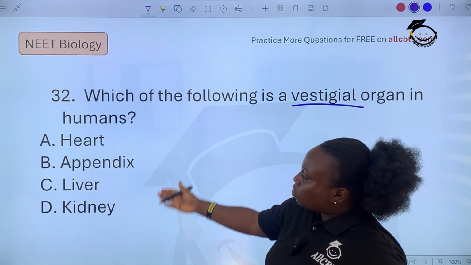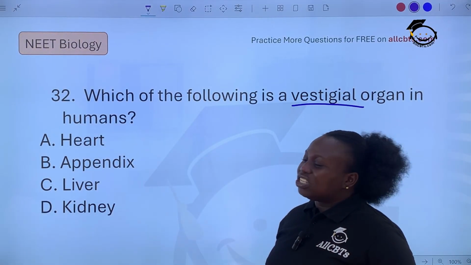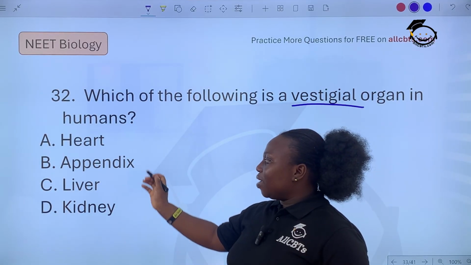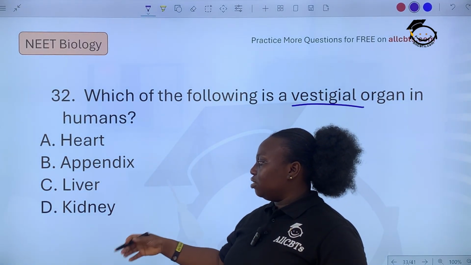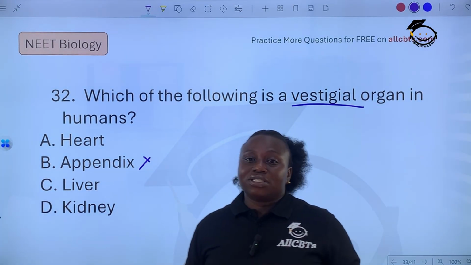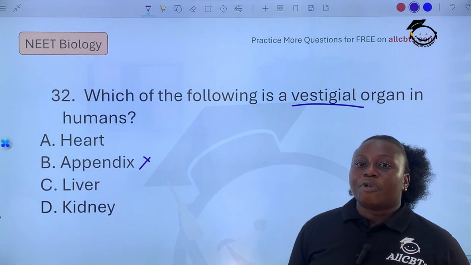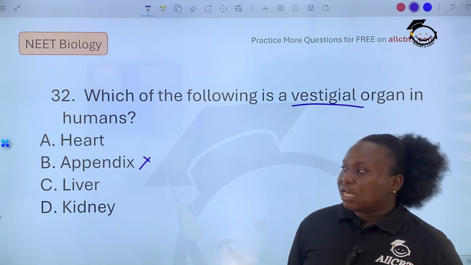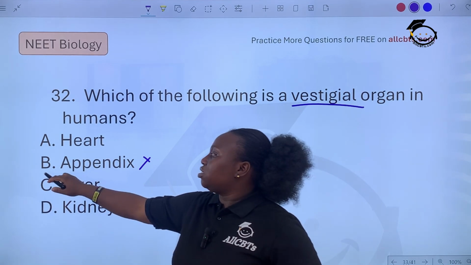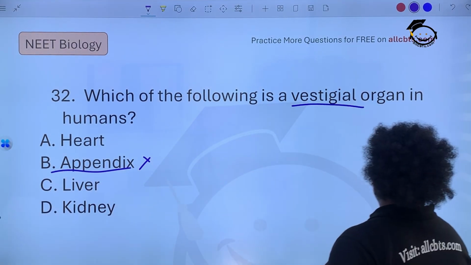Out of these options, they were asking us which one is not really needful in the human body: A, heart; B, appendix; C, liver; D, kidney. That is the appendix. Many people get their appendix removed, especially when it has burst, and it does not affect their way of life. So it is a vestigial organ.